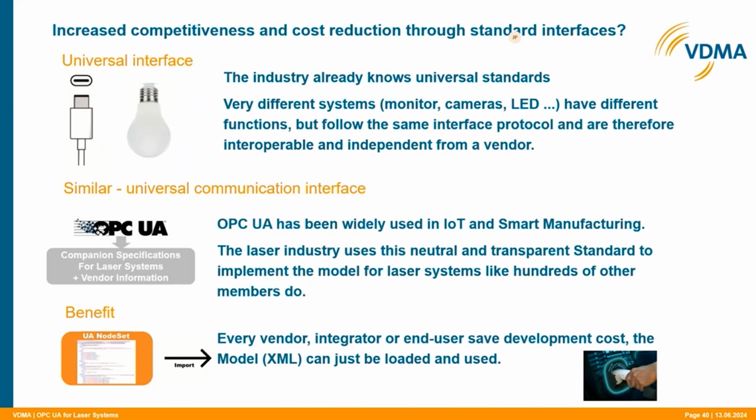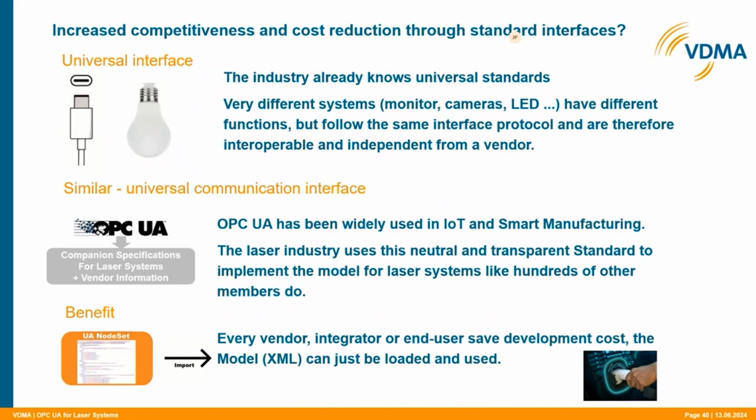So OPC UA is just as universal like a light bulb. And the laser industry uses this universal standard like many other industries are using it. And so from this OPC UA specification, the laser specification is using the same sockets. So every vendor and integrator and even end user saves development cost from equipment up to the factory.